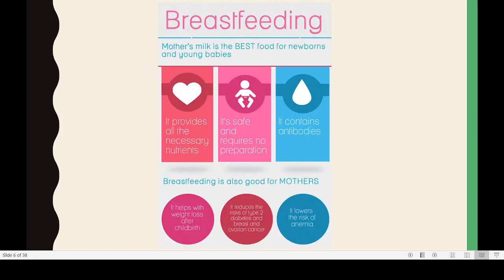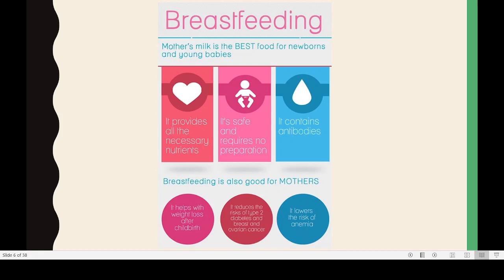Now here you can also see some of the benefits of breast milk, because breast milk is the best food for newborn and young babies. There are a number of reasons. It provides all the necessary nutrients: vitamins are there, minerals are there. Second, it is safe and it is always available.